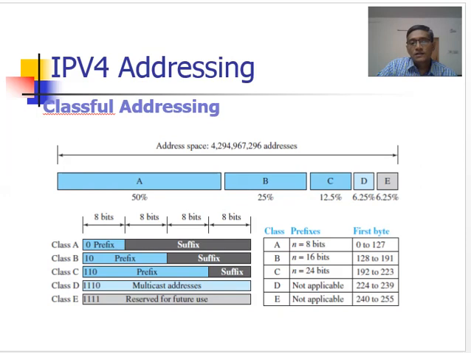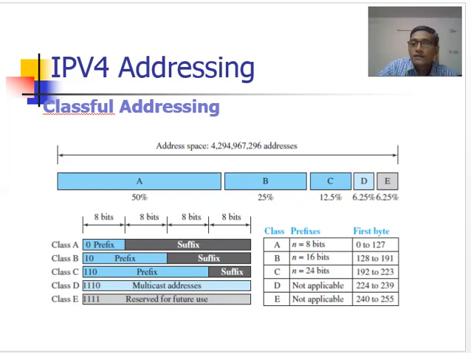So this pictorial representation shows the class A, B, C, D addressing schemes in IP version 4. As I told, the total address space is 4 billion, 32 bits, 2 power 32. In class A, the first 8 bits identify the network. In that, the first MSB is 0, and the remaining 7 bits are used for the network part.